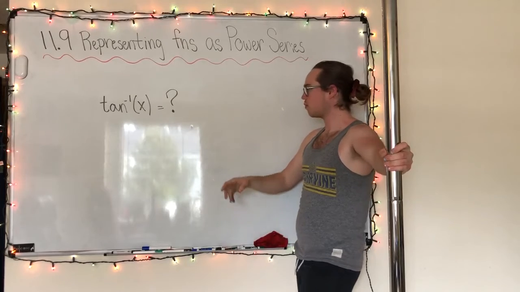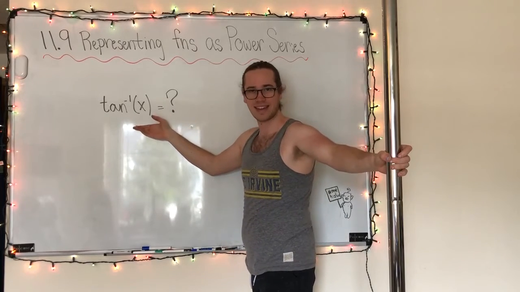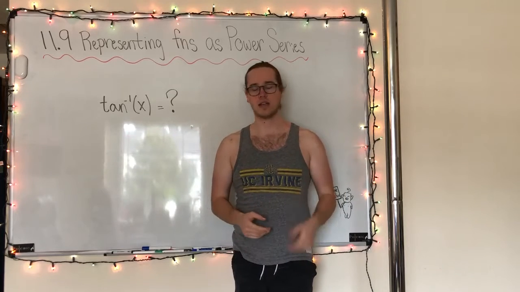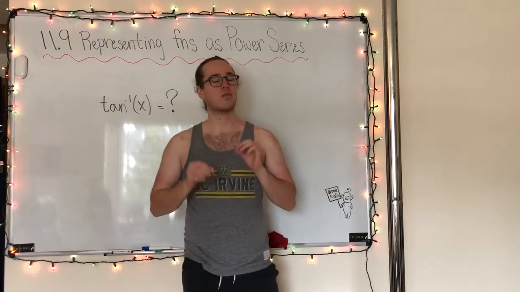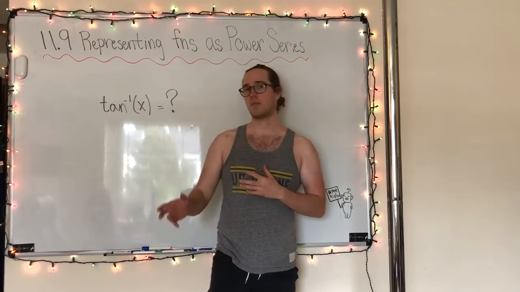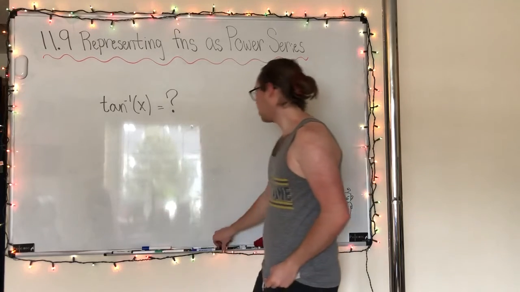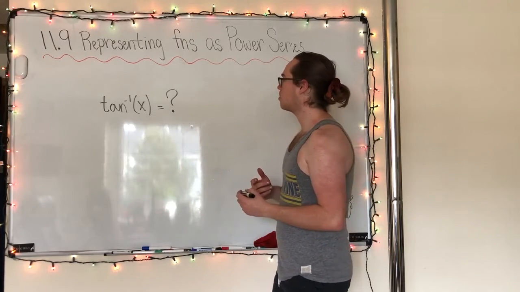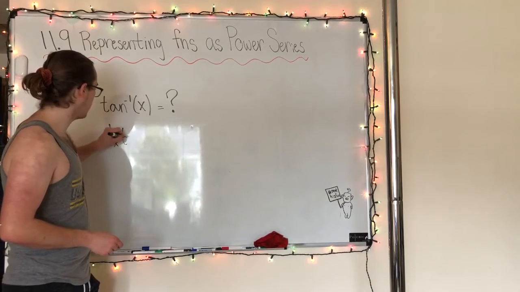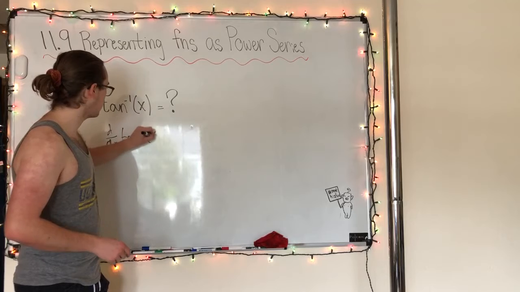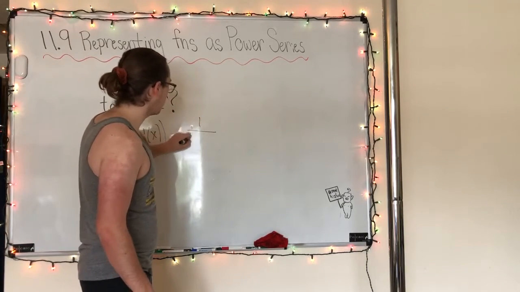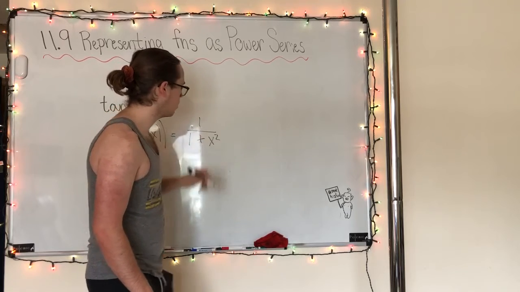So, if we had the function tan inverse of x, and we wanted to find the power series representation of it, how would we do that? Let's think about it for a sec. We also know that we can use integrals and derivatives with power series. So, we know that the derivative d/dx of tan inverse of x is equal to 1 over 1 plus x squared.